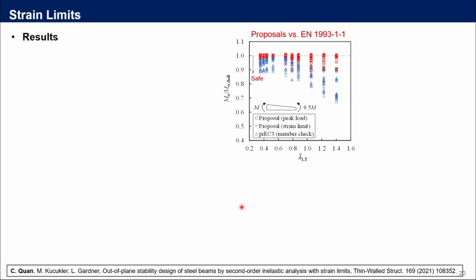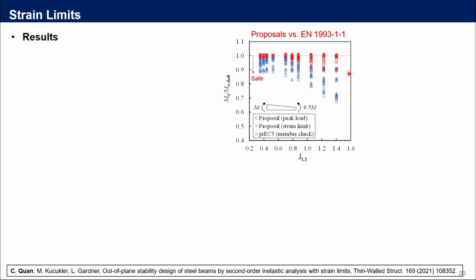So next, we applied the advanced design method employing the proposed shear-reduced CSM strain limit. And then we obtained the member resistance predictions as presented by these red markers. And the blue markers correspond to the hand calculation results following the equations given in Eurocode.